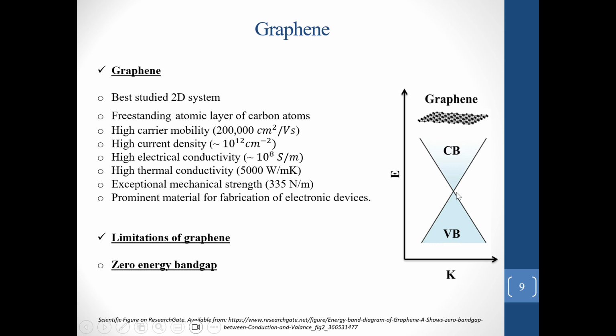There is no band gap. So if there is no band gap in graphene, we can only switch on the material, so all the electrons move towards the conduction band, but we cannot stop the process. We cannot switch off, because to stop there must be a band gap. So in graphene there is no band gap. That's why this is one of the limitations of graphene.